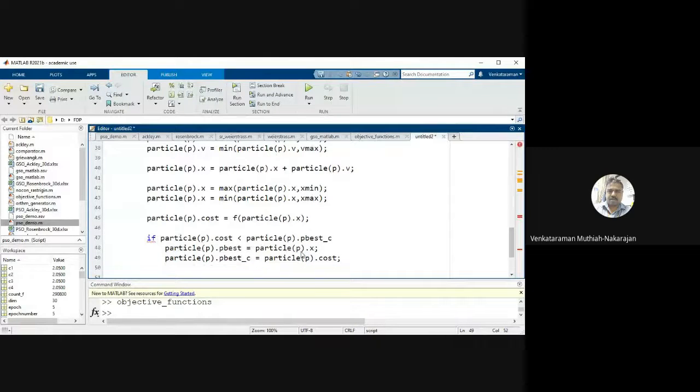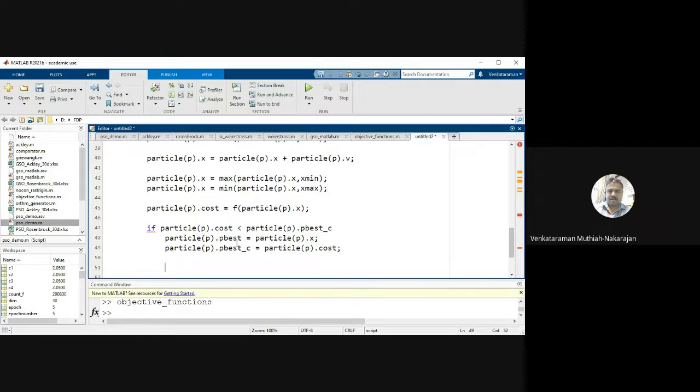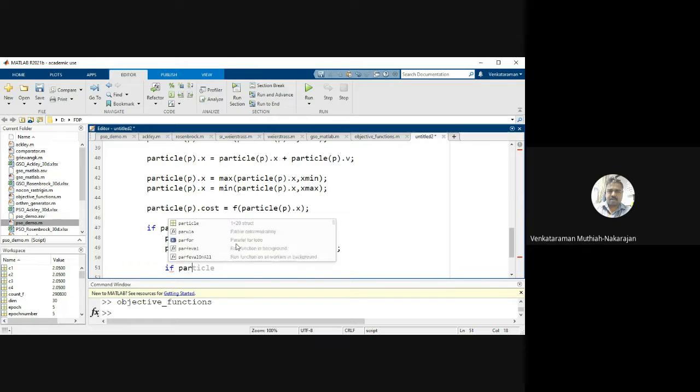Okay. The newly found particle location's cost is compared with the personal best, and if the new cost is better than the personal best, then you update the personal best.